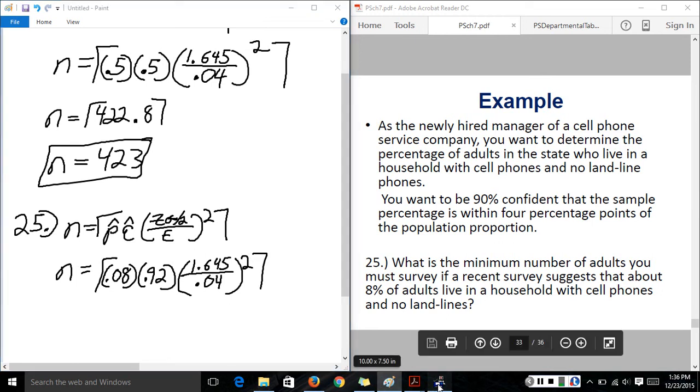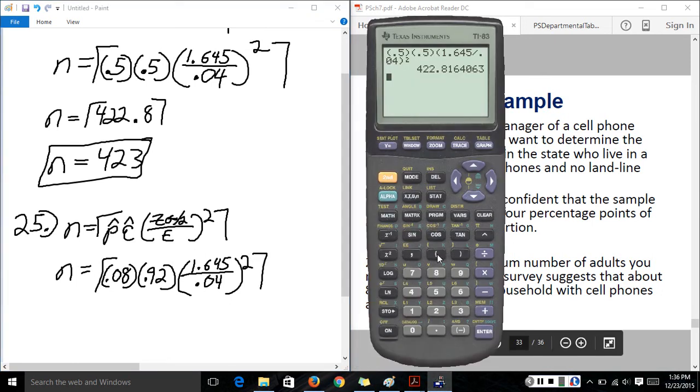All right, so now, again, I can put that in my calculator as long as I use the parentheses pretty much exactly like it's written. And I get my answer.